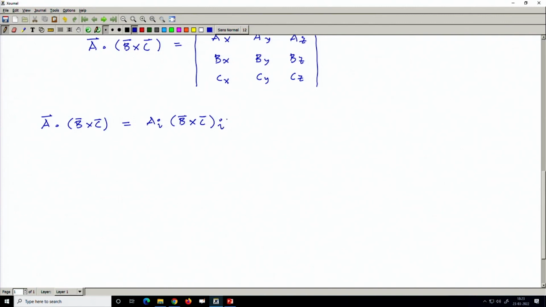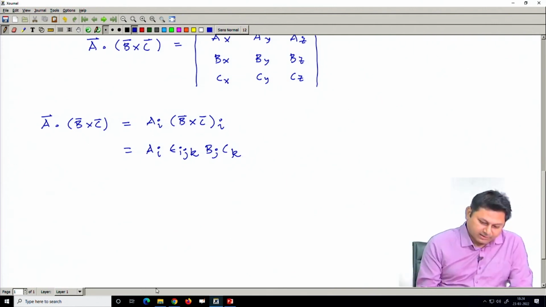This is the way we define it. Now, if I expand this, last day we mentioned that if b cross c is there, then in terms of the Levi-Civita symbol, the i-th component will be epsilon i j k b j c k.